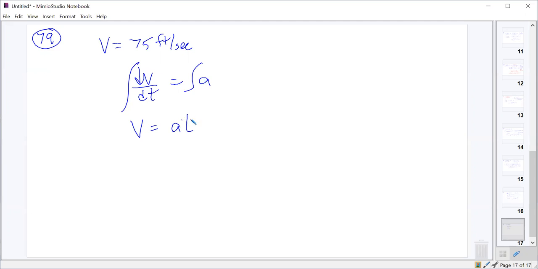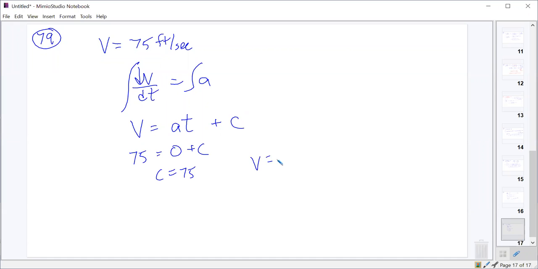Which is a times t plus some constant. And we know that our velocity is 75 when our t value is 0. That's where we're starting off at. So 0 plus c, so we get a constant of 75.